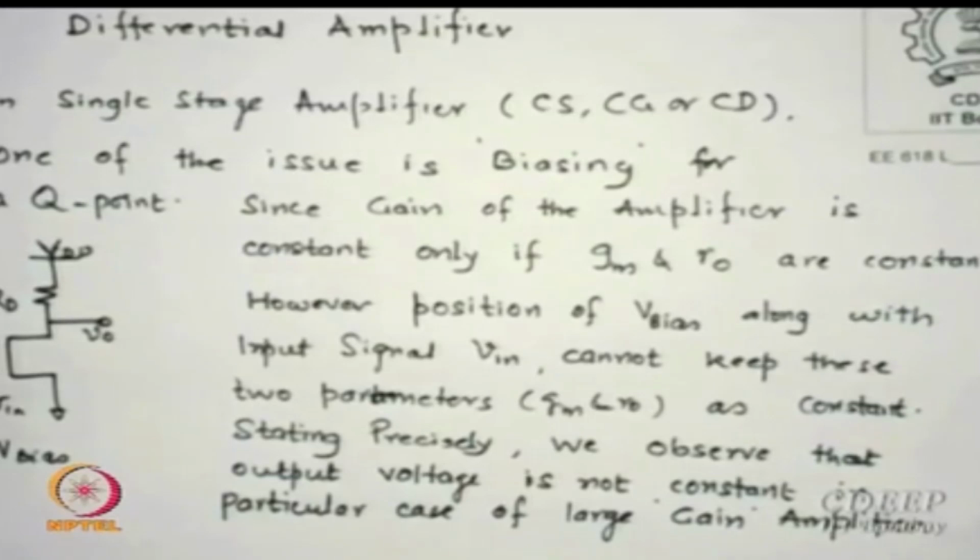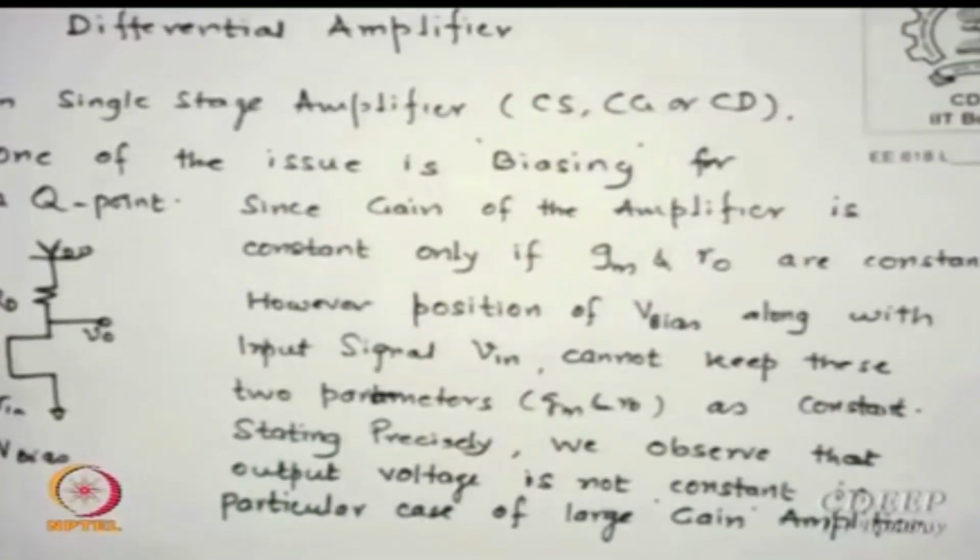The gain of an amplifier is constant only and only if Gm and R0 are constant. However, the value of V bias and the amplitude of the signal riding on that bias, where you bias and how much signal is sitting on it, on a real characteristic may push your device to different R0 values and therefore sometimes different Gm values, which essentially means both Gm and R0 are strong functions of not only V bias but also the amplitude of the signal and where it is biased.